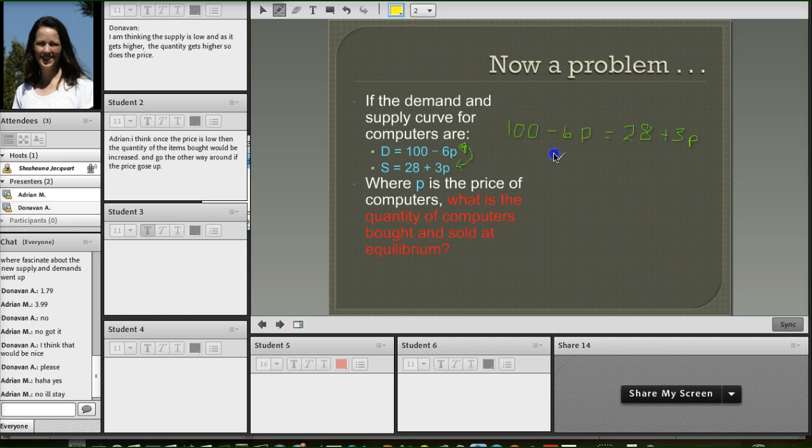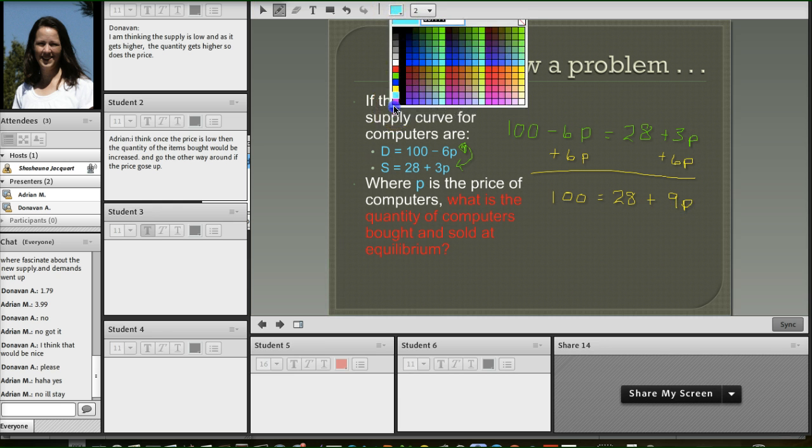So what I'm gonna do is this is negative, so I'm gonna add 6p to both sides. And then you get 100 equals 28 plus 9p. And then change colors because I like to change colors.